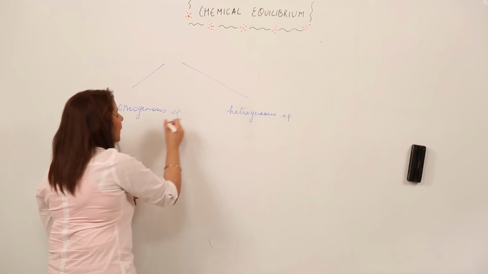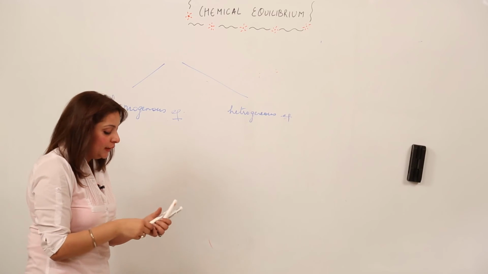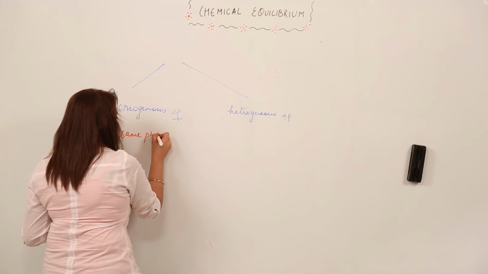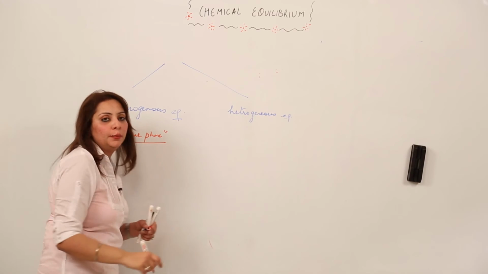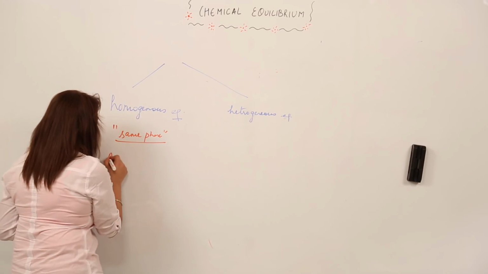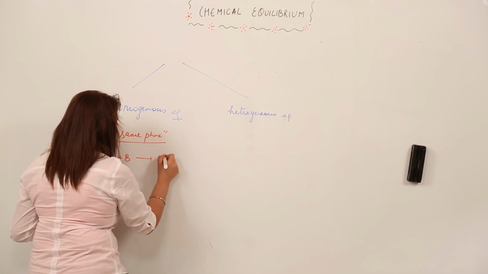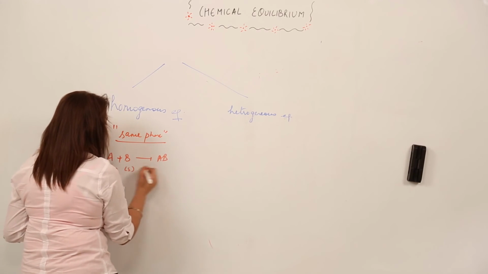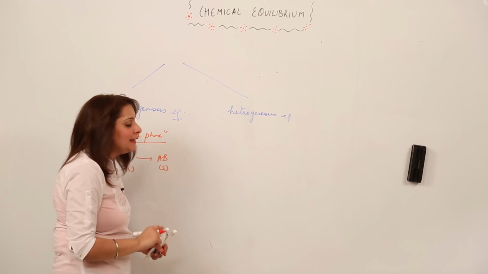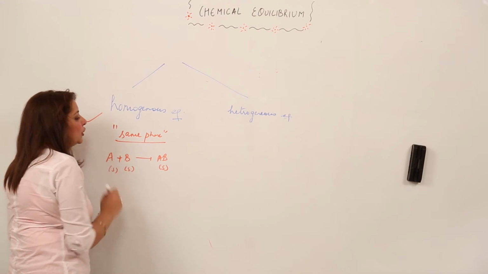If all the components present in a reaction occur in the same phase, then it is said to be homogeneous equilibrium, right? For example, suppose I have A plus B forms AB and I say everything is present in a solid state. Because they are existing in the same phase, it is a homogeneous equilibrium.